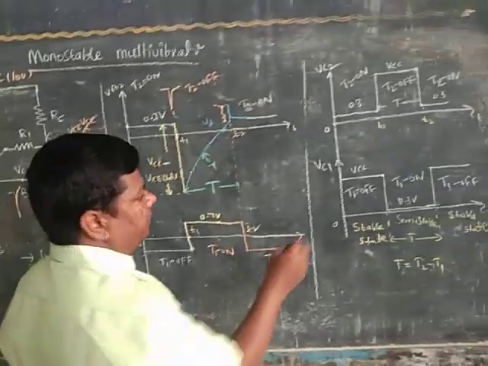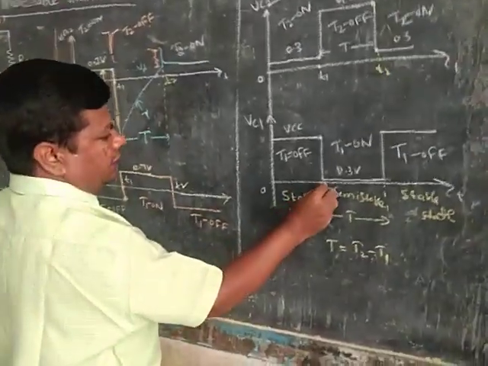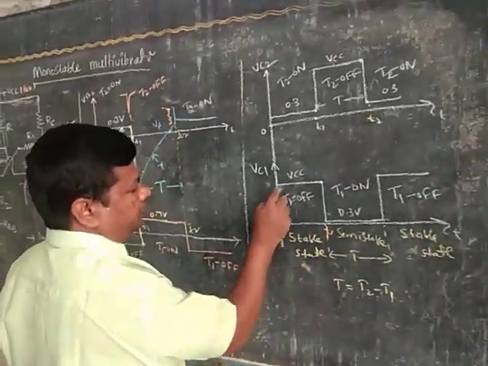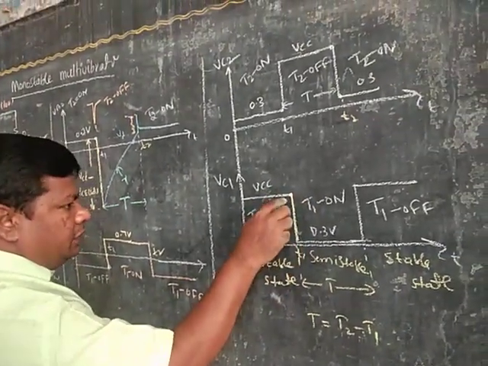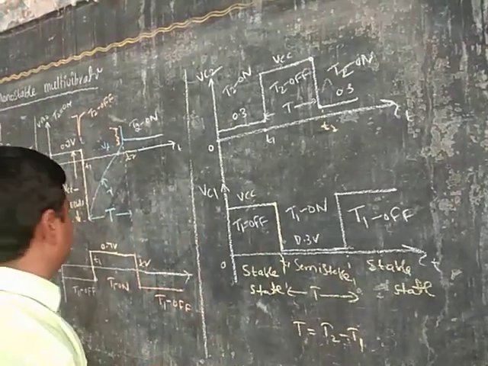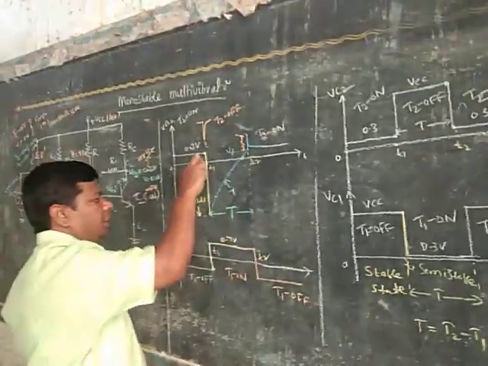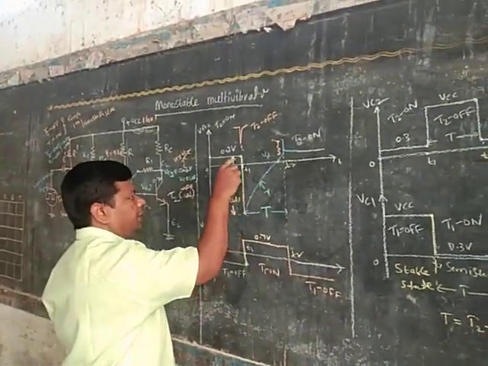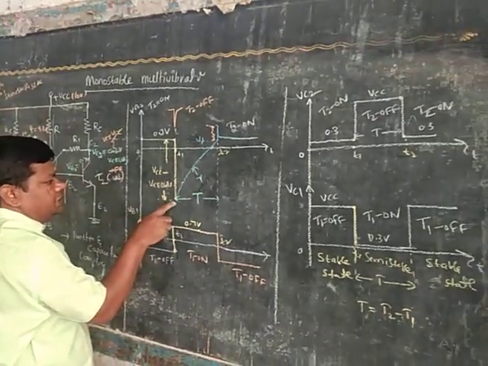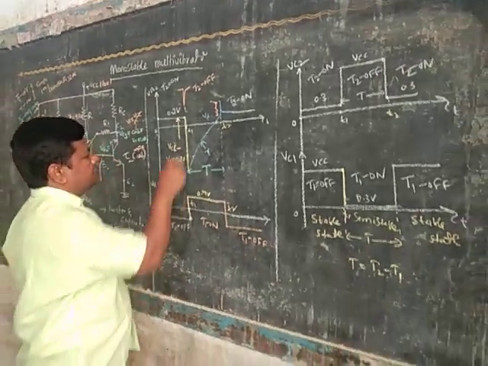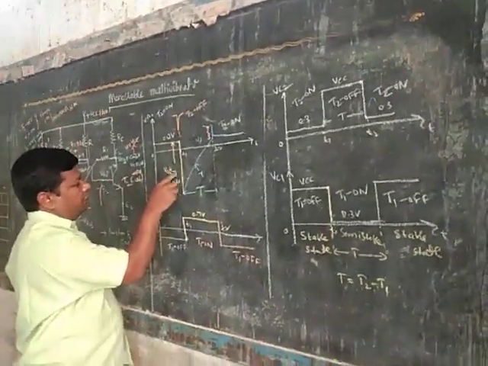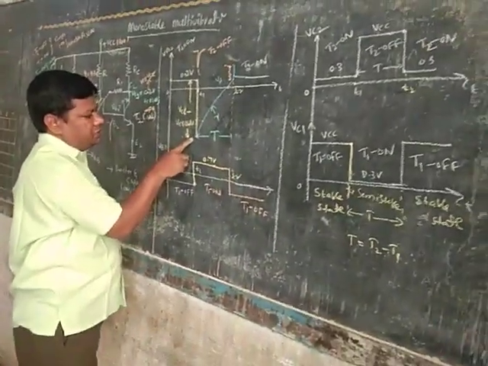Observe here, this is the VC1. At T1, its collector voltage suddenly drops from VCC to VCE saturation. The same drop appears at the base of the T2 transistor. For sudden changes, the capacitor acts as a short circuit. Same change: VCC minus VCE saturation.